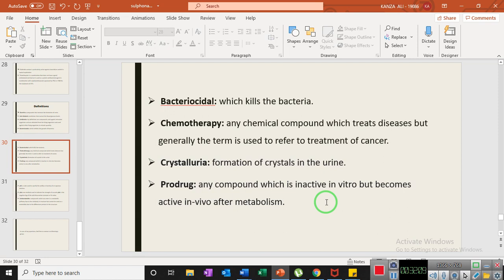Here the pH and pK will play an important role in the formation of crystals. Inshallah, we are going to deal with it in the next lecture, that is about the toxicity of the sulfonamides.